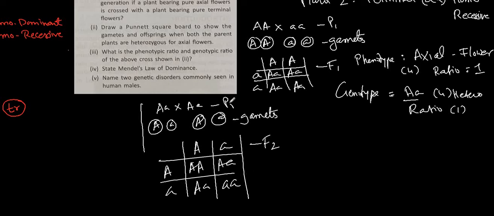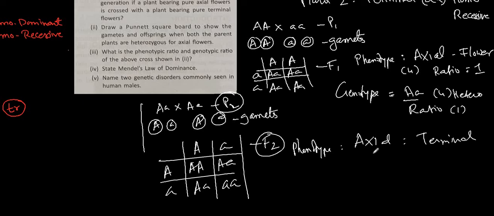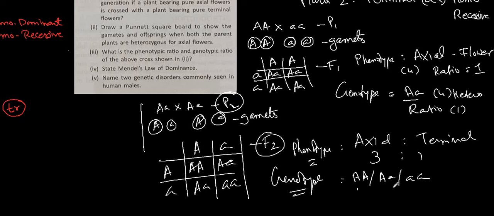You got the phenotype: 2, axial as well as terminal, in the ratio 3:1. And you got the genotype: capital A capital A, capital A small a, small a small a, in the ratio 1:2:1. So you got the ratio of all these generations.